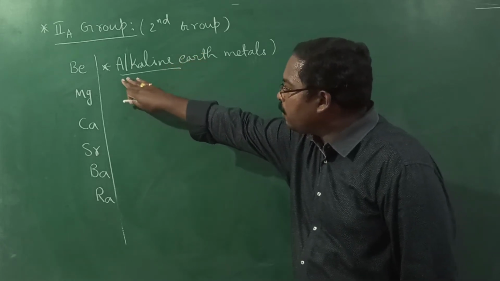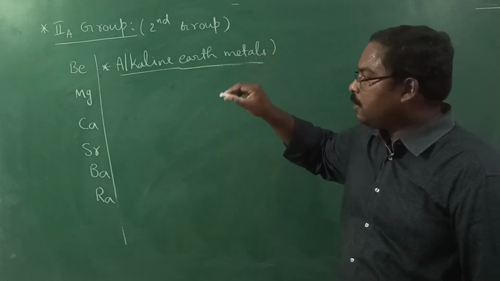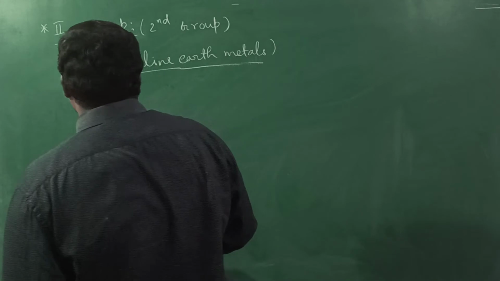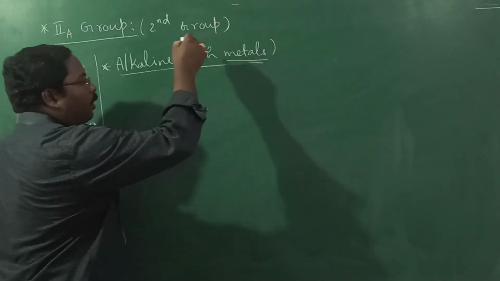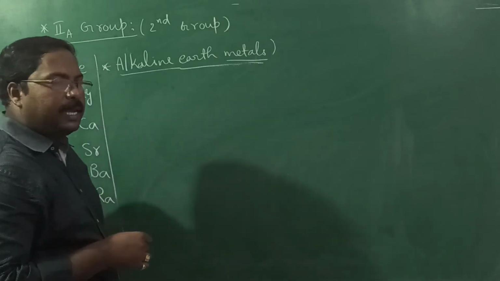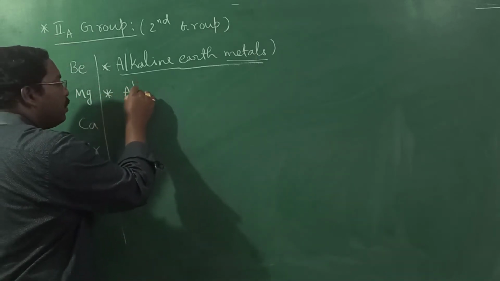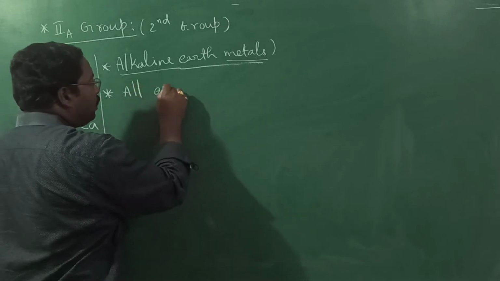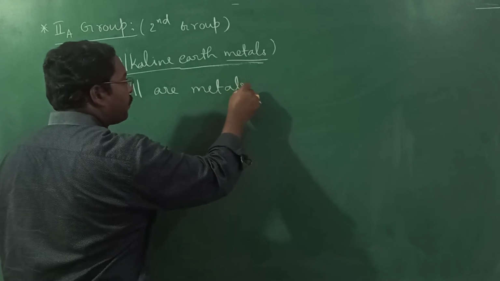So that is why we call these alkaline earth metals. Now, one more important point to focus on is that, like the first A group, these second A group elements are also metals.